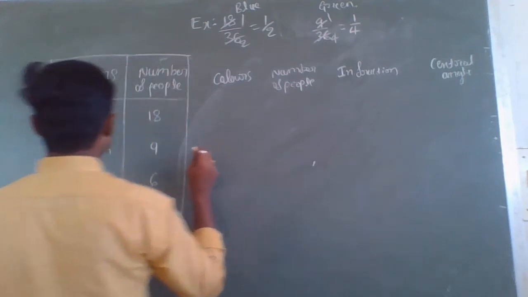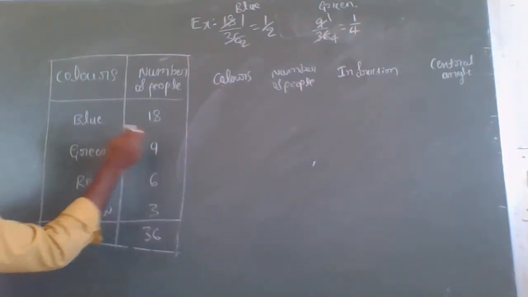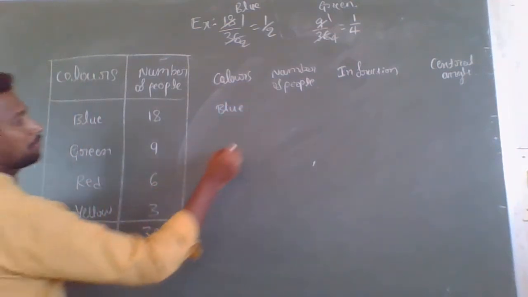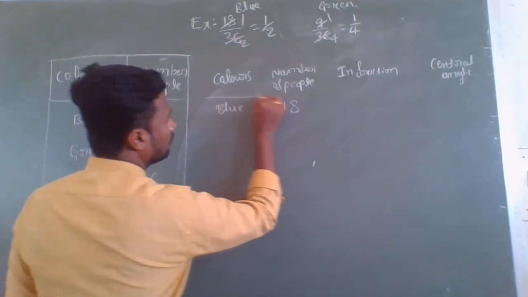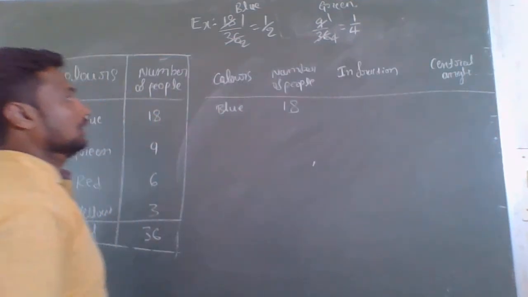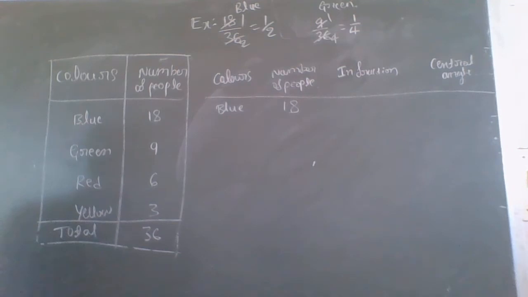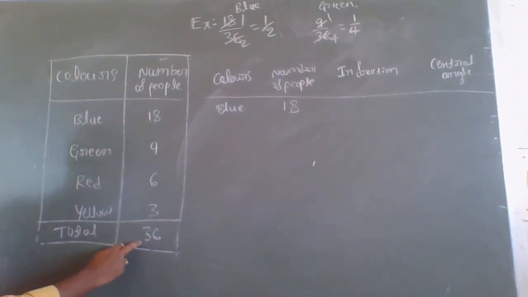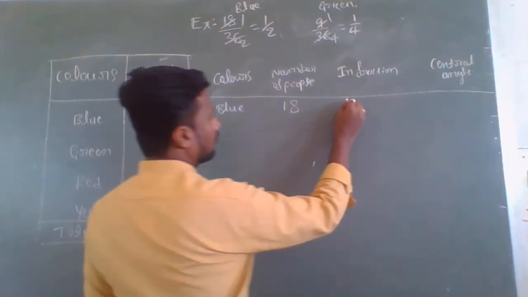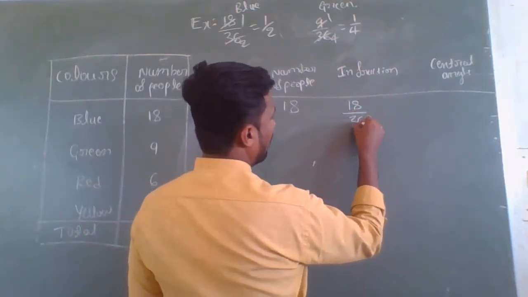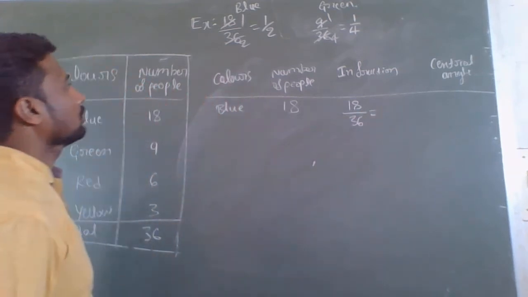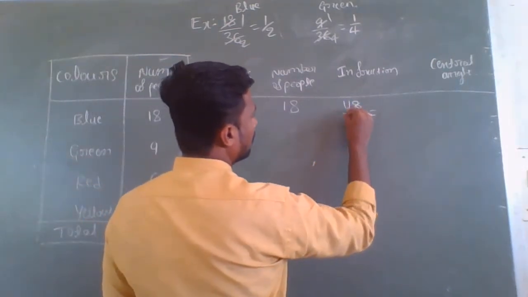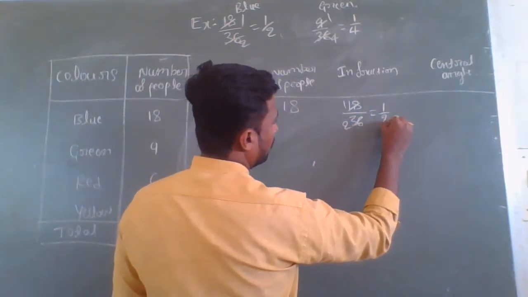So what is the color they have given first? Blue. Number of people 18. Next we have to write 18 as a fraction, meaning blue is liked by 18 people and the total number of people is 36. Therefore here I will write 18 by 36, so the proportion for blue is 1 by 2.